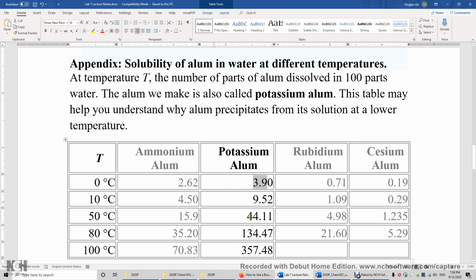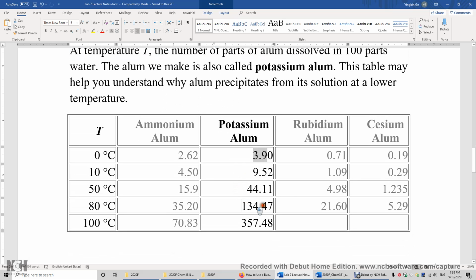At higher temperature, this alum has a much higher solubility. So assuming you dissolve 134 grams of alum in 100 grams of water at 80 degrees Celsius, and then you cool the temperature to 0 degrees Celsius, very likely 130 grams of alum will precipitate out of the aqueous solution.